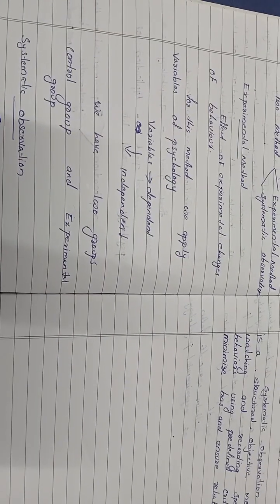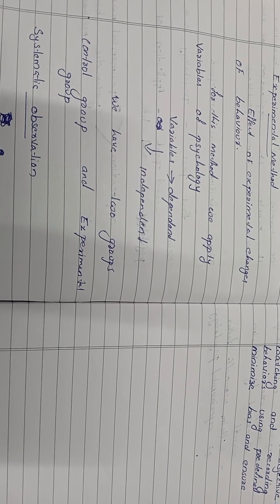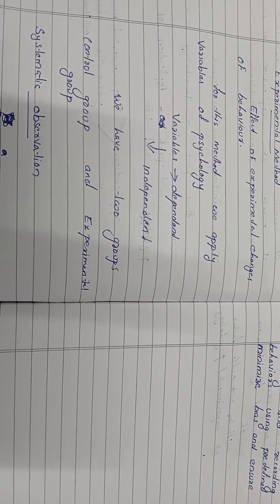In the experimental method, mainly we watch the variables. What are variables? Variables depend on what objective you want to study. If we are studying anxiety, we add anxiety as a variable. In the control group, to calculate the anxiety, there are measuring scales that we apply.